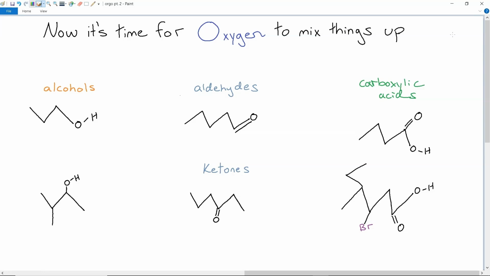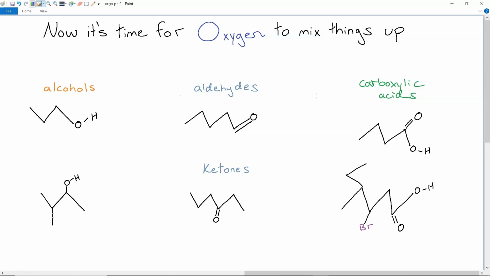So what I'm going to try and do is sort of walk you through all the different types that we have and their usual naming conventions. So when we see oxygen in an organic compound, that is going to give us a lot of key information in terms of what kind of compound we are dealing with.